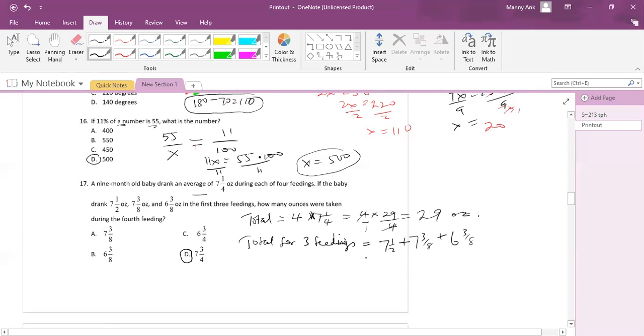Okay. To add this again, we need LCD. We need the denominator to be the same. So I'm going to write LCD is 8. So this should be 8.